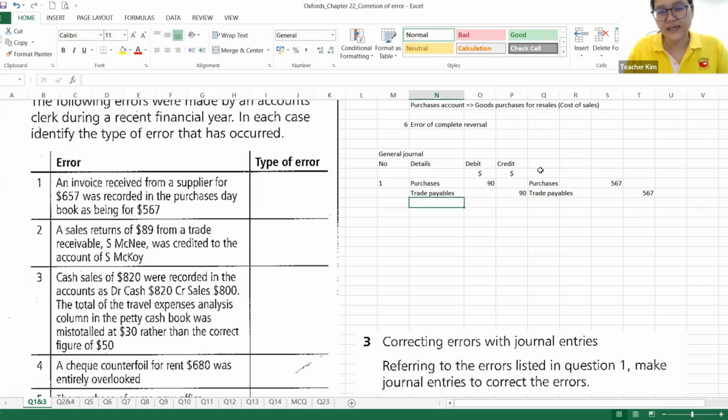Sometimes in the exam, they will ask you to give the narrative for why you put through this adjustment.